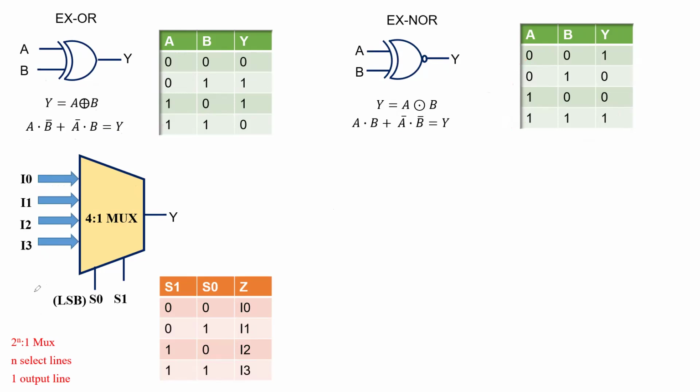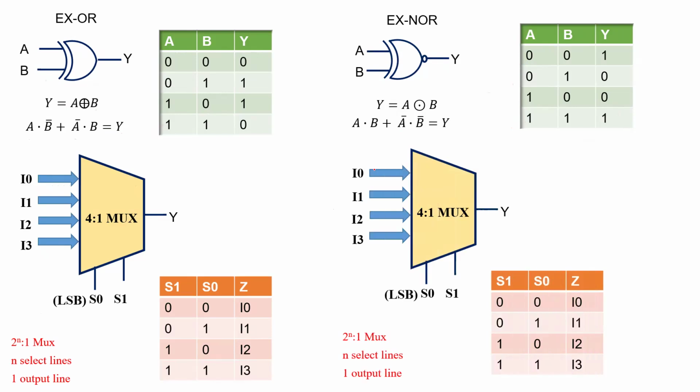So it's very straightforward. We again use our 4 is to 1 MUX, where we can clearly see I0 to I3 are four data inputs. We have to set the values of I0 up to I3 according to this logic function. So this is I0, I1, I2, and I3.